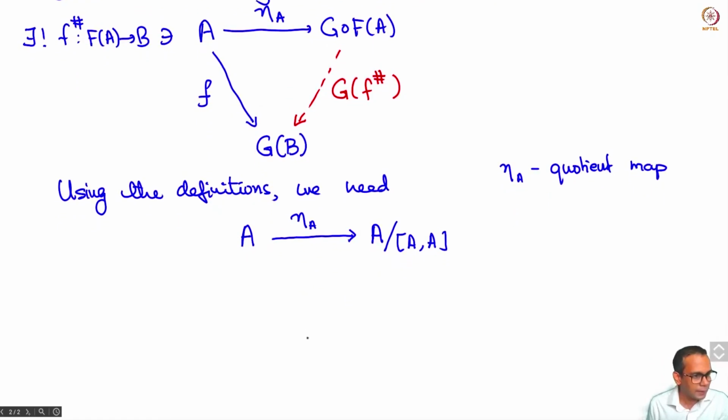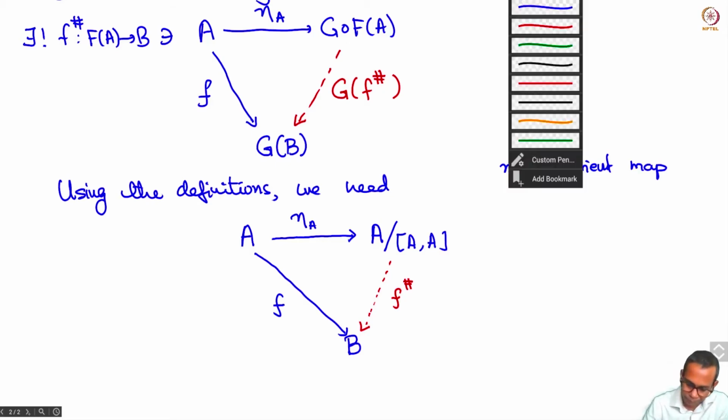And what you're saying is that for every abelian group B, whenever you have a group homomorphism from A to B, that means every group homomorphism from A to an abelian group factors through the abelianization of A. So there is a group homomorphism f hat from A mod its commutator subgroup to B, and this is actually very easy to see.